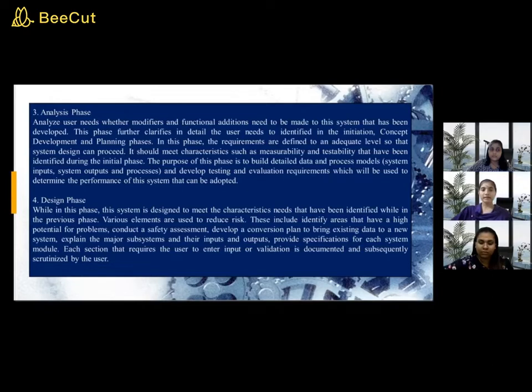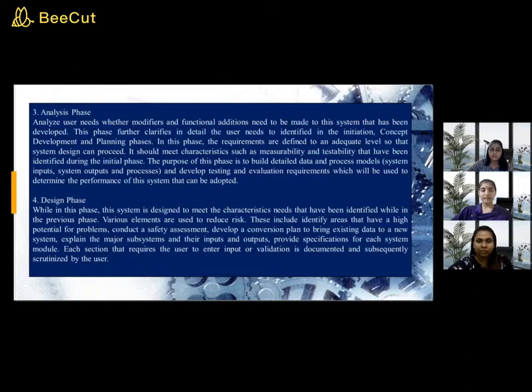It should meet characteristics such as measurability and testability that were identified during the initial phase. The purpose of this phase is to build detailed data and process models, which are system input, system output, and processes, and develop testing evaluation requirements which will be used to determine the performance of this system that can be adopted.